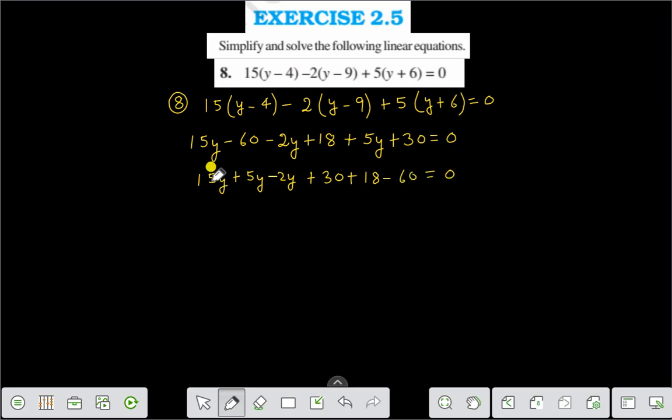Now here you see 15y plus 5y is 20y, which implies that 20y minus 2y plus 30 plus 18 is 48 minus 60 is equal to 0.